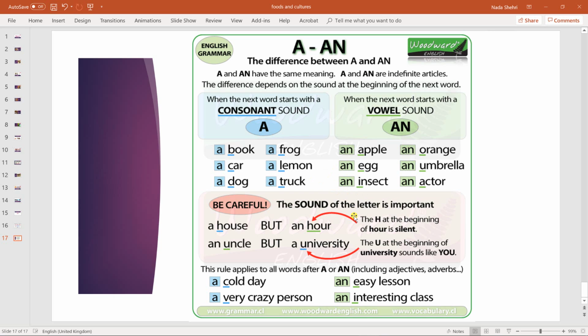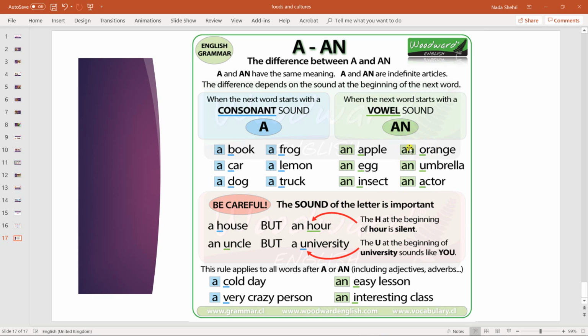We cannot say a insect. We say an insect. We cannot say a orange. We say an orange. And finally, we cannot say a umbrella. We say an umbrella. Okay? So before vowels, before A, E, I, O, and U, we use an.